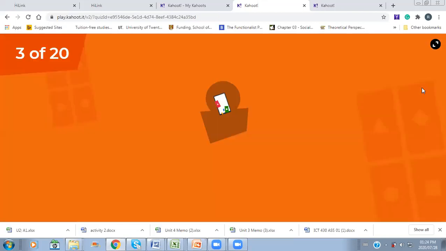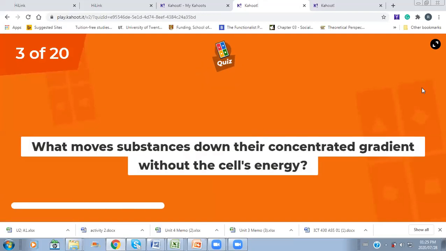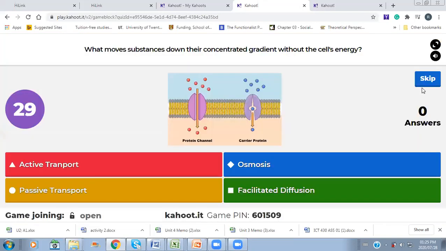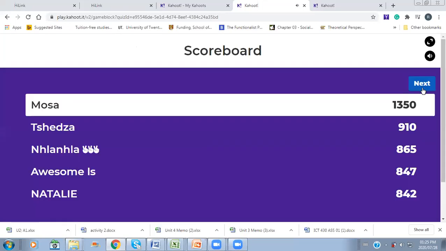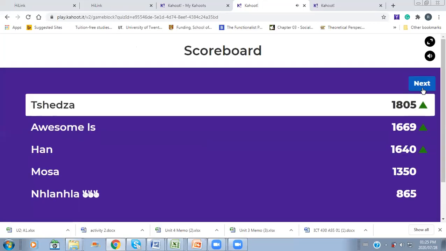Mosa is on top. What moves substances down their concentration gradient without the cell's energy? Good. Yeah, four got this one right. That's good. Let's go to the next.